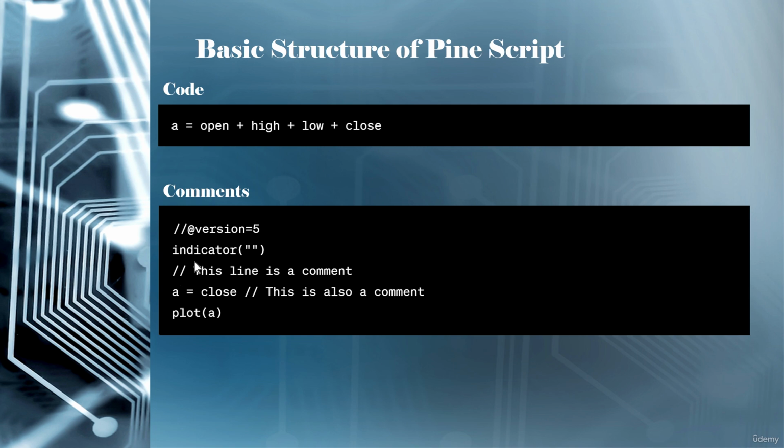So we put 2 forward slashes and we put our comment here. In the next example, in this line, the comment is following the piece of code. These 2 cases are valid. A convenient shortcut in the Pine editor is Ctrl and forward slash for commenting and uncommenting lines.